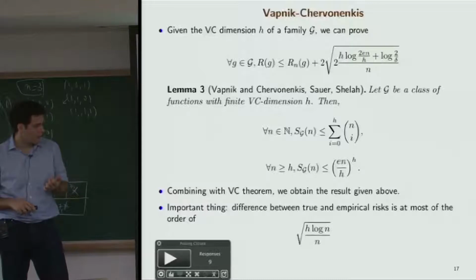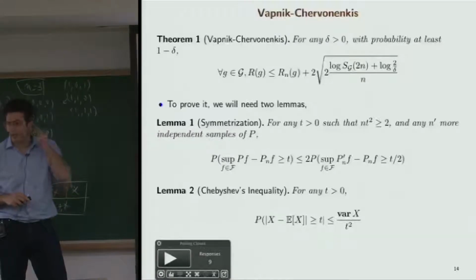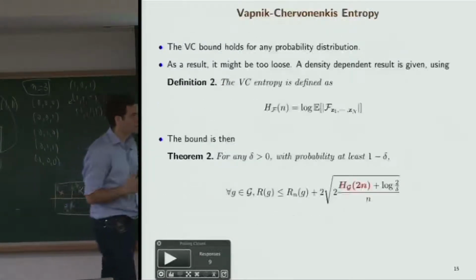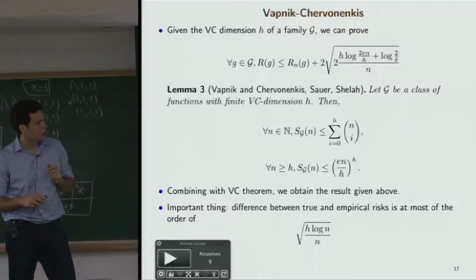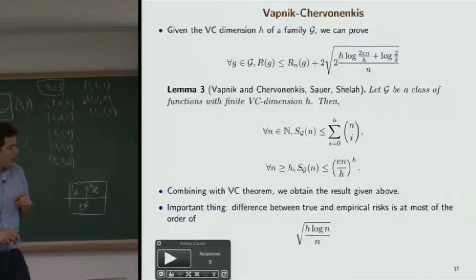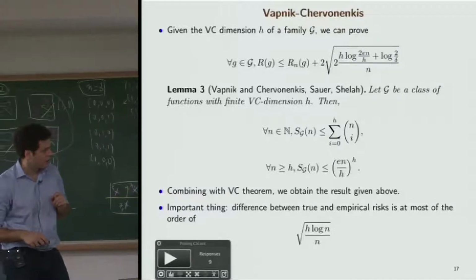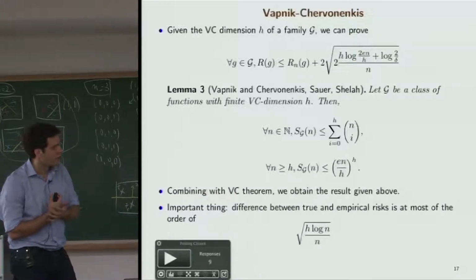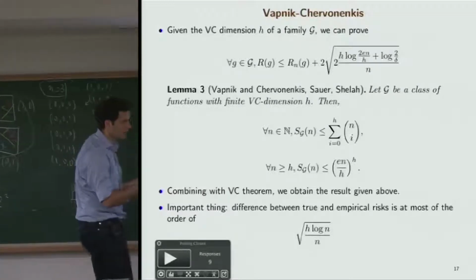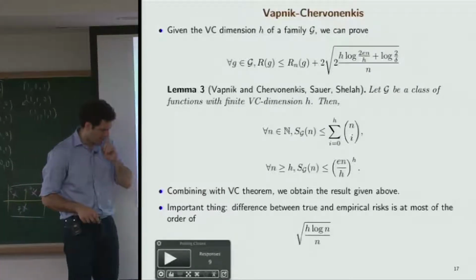So combining this result with the previous Vapnik-Chervonenkis theorem, which we had here, we are able to explicitly write how we can control the true risk of a function g with respect to the empirical risk uniformly. And this term here depends on h times log of n divided by n. Basically, the dominant term in this bound will be this quantity here.